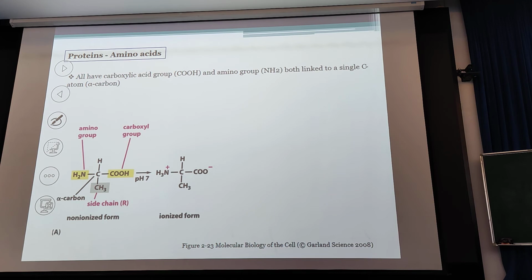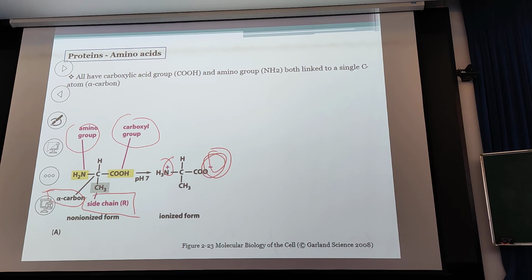Here is the carboxylic group, one amino group, connected with the alpha carbon, and also one side chain. At pH 7, both the amino group and carboxylic group are ionized.